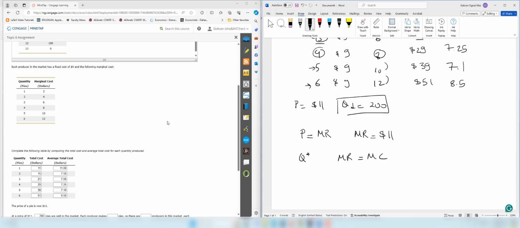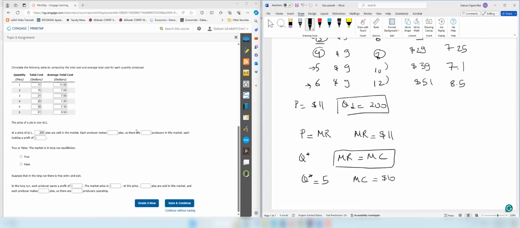If you do not find the equality point, then you choose the MC as close as possible to MR, which is as close as possible to $11, but smaller than MR. So MC of $10 is the profit maximizing point, which in this case means each firm is going to produce 5 pies. So the right answer here is 5 pies.